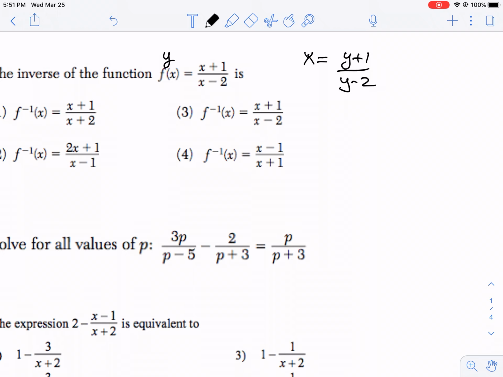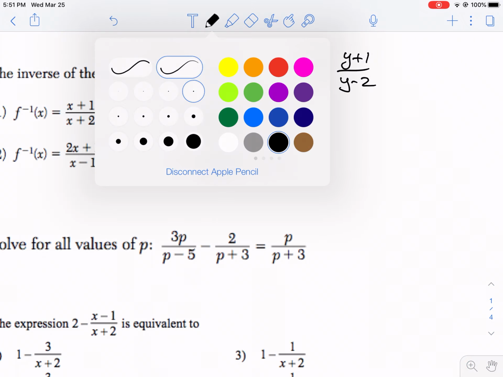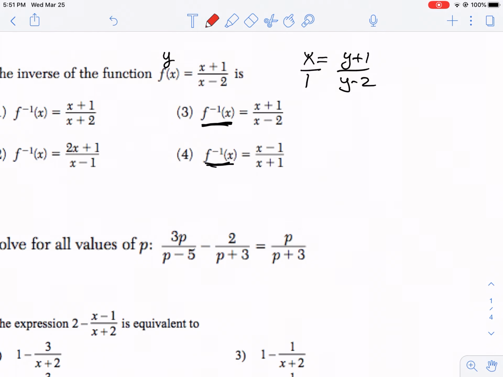But of course we have to get the y alone so that we can rewrite the function in inverse function notation. So I need to solve this equation for y. And okay, well, I'm going to put that x over 1. That'll create one fraction on either side, and to solve one fraction on either side, cross multiply.